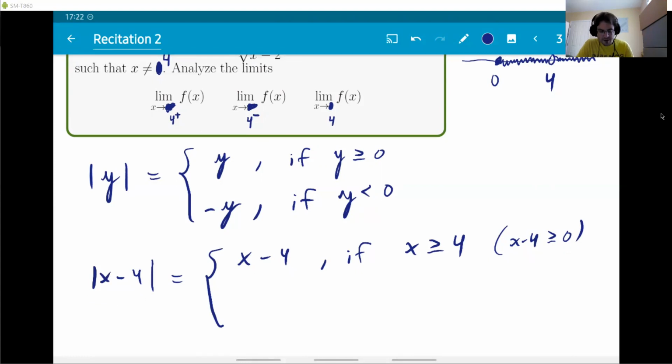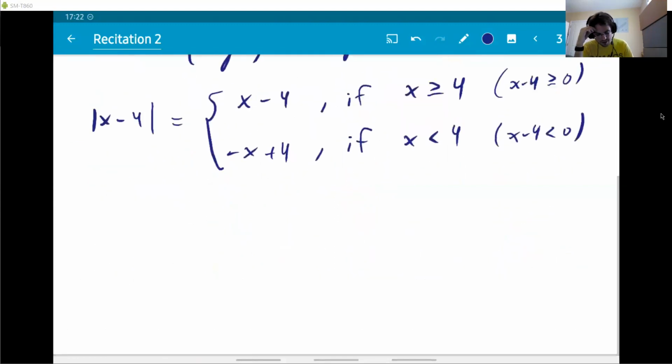And if not, then it's the negative of that expression, minus x plus 4. Okay, so when x minus 4 is negative, which is the same thing as x less than 4, then that expression becomes that. So that means we have two separate expressions for our function.